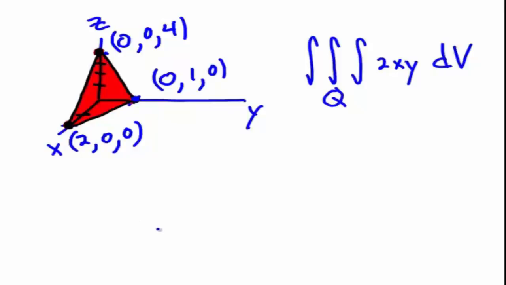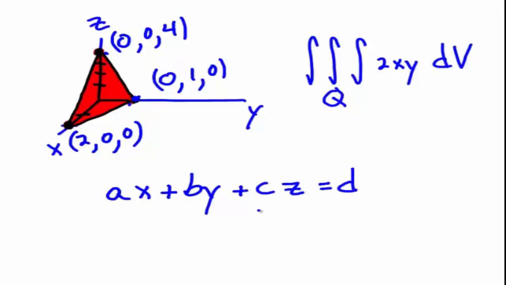Well, there's a pretty easy trick to it when we're given the x, y, and z intercepts. So here's the trick. The equation of a plane can be written in the form ax + by + cz = d, where a, b, c, and d are constants.